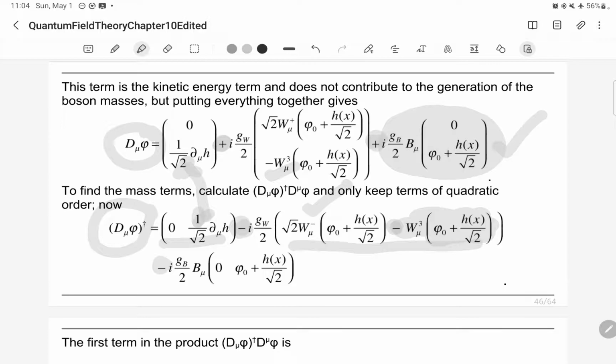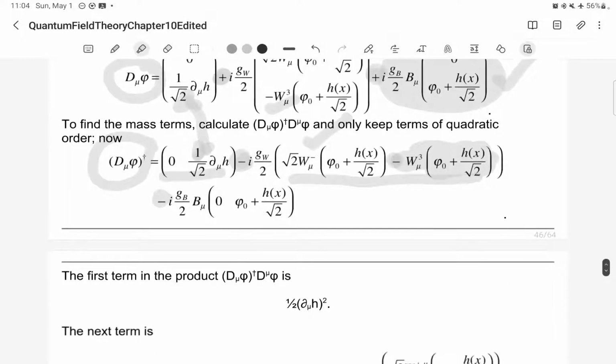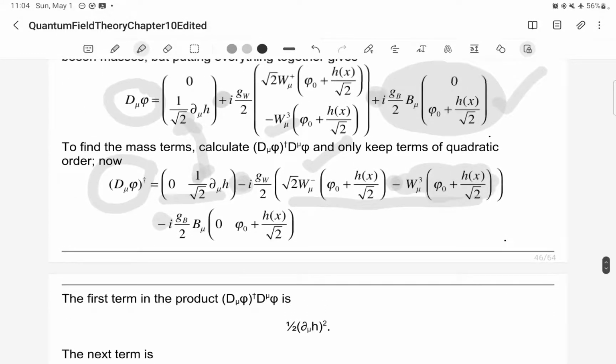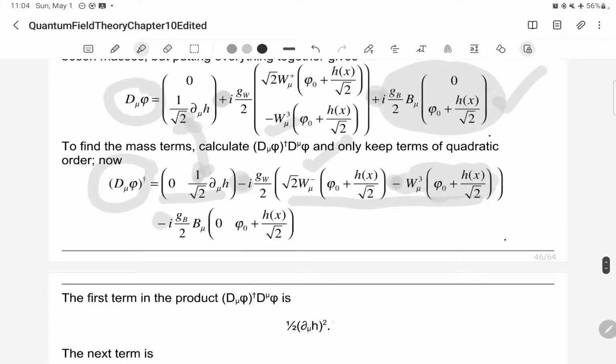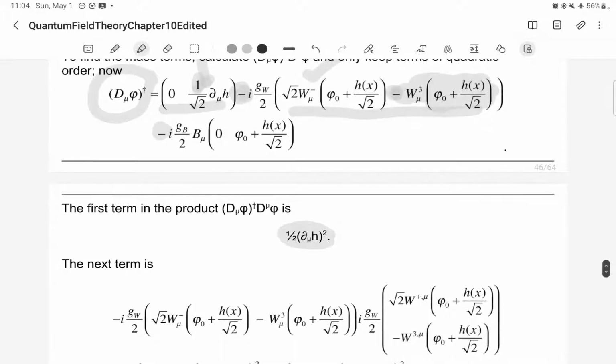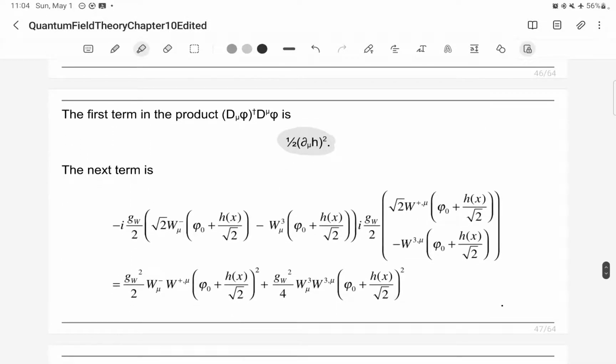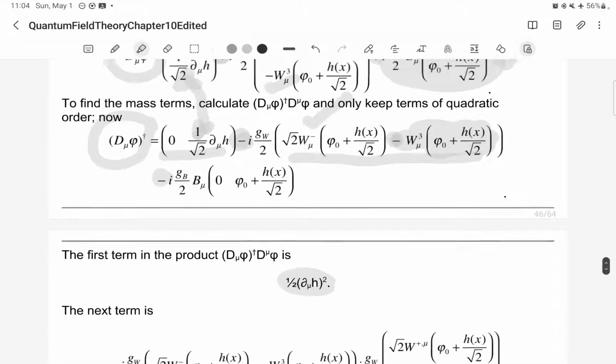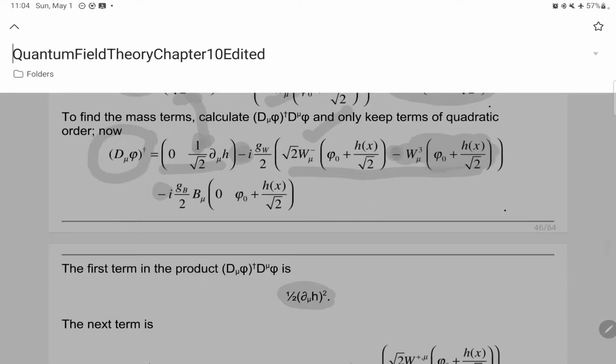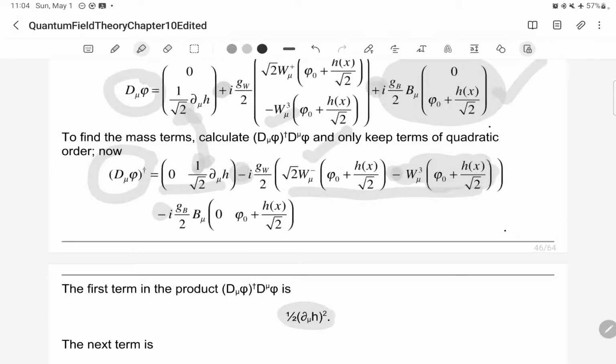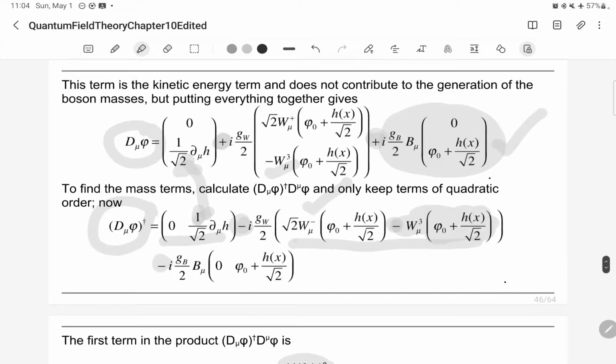So if we multiply, the first term would give you this, and the second term would give us the product of the second term, so this one, and of course this one here.